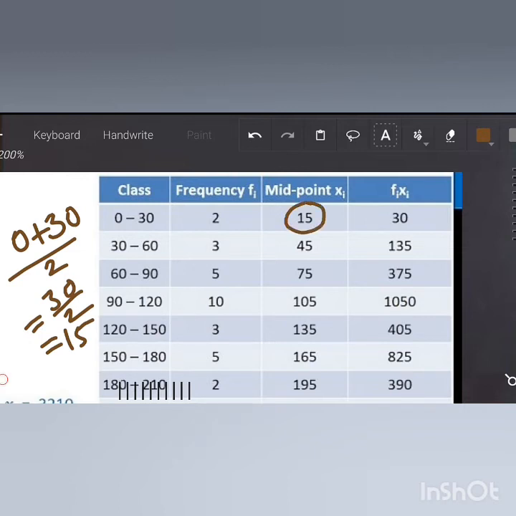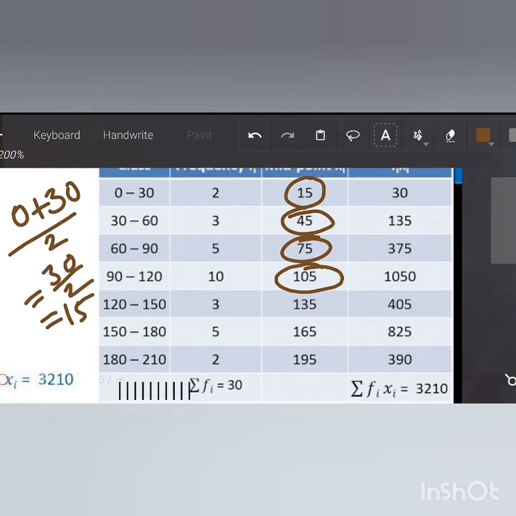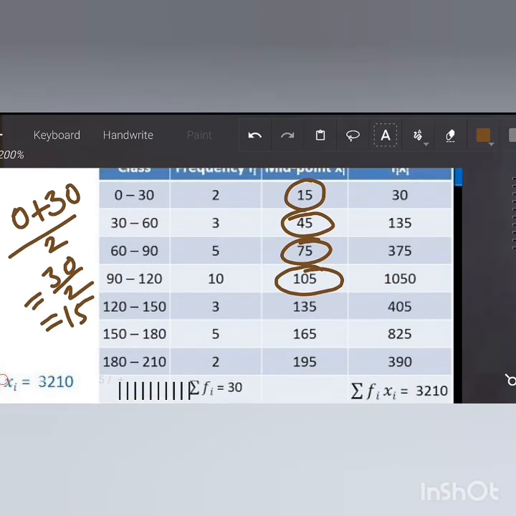In a similar way we will get the remaining also. 30 plus 60, 90, 90 by 2 is 45. 60 plus 90, 150, 150 by 2 is 75. 90 plus 120 equal to 210, 210 divided by 2 equal to 105. In a similar way we will get the remaining values also: 135, 165 and 195.